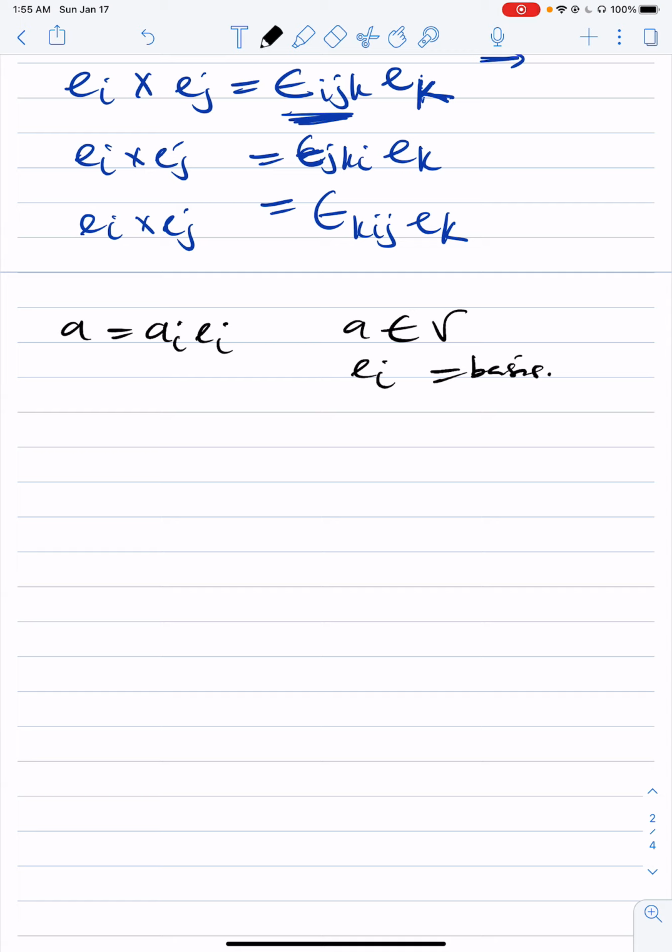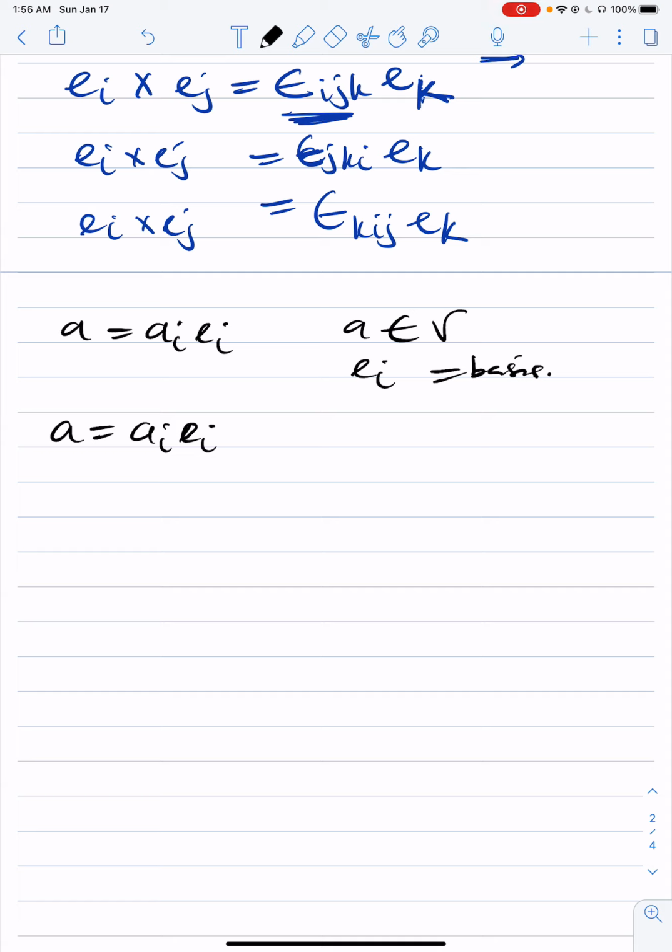If you're not familiar with the terms I've just used, I'll explain as I go further. But just know that A equals A_i E_i. That is, you're just describing the components of the vector A with respect to the base.